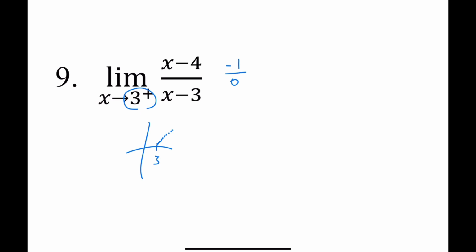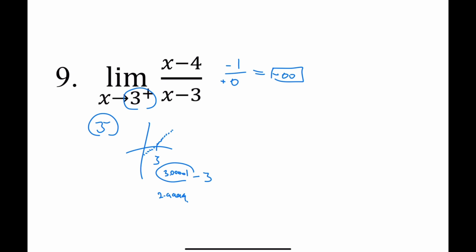So that means that it's going to be like 3.00001, right? And then that minus 3 is going to give us a positive number, right? So this is going to be positive 0. And that means that since there's a negative on the numerator and a positive on the denominator, we're going to get negative infinity, right? But if we did have something like 3 minus, so approaching x from somewhere smaller than 3, like 2.99999, then we're going to get a negative denominator, right?